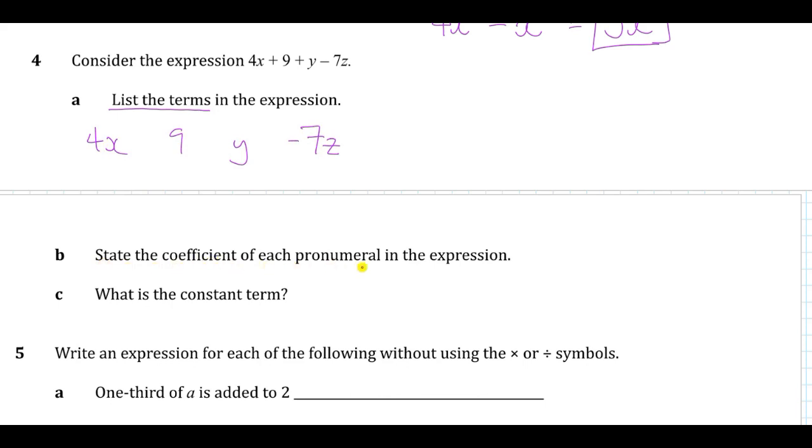Stating the coefficient of each pronumeral in the expression, the coefficient of x is 4, the coefficient of y is 1, and the coefficient of z is negative 7. The constant term is the term with no pronumeral. The constant term is 9.